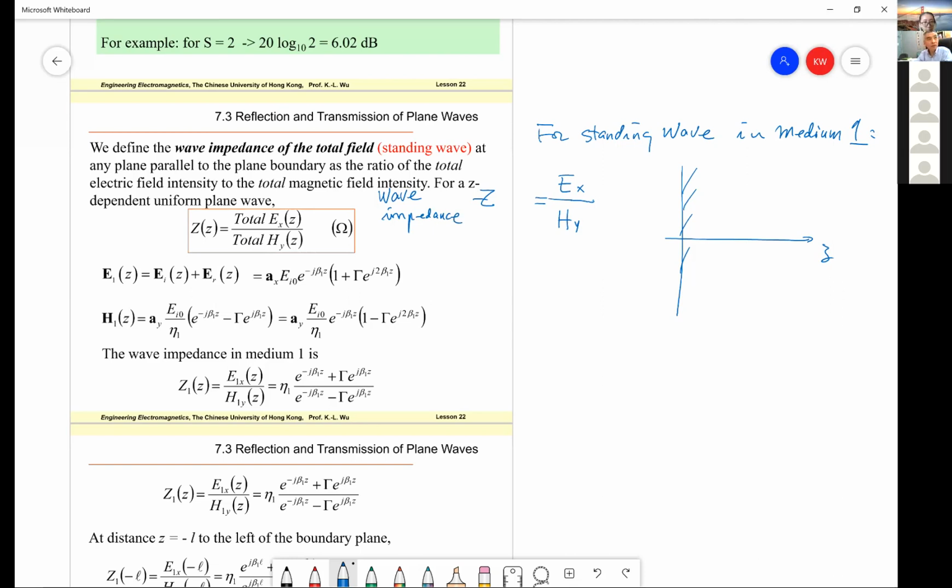This wave impedance is different from intrinsic wave impedance. Intrinsic wave impedance is for a traveling wave. Wave impedance is for a standing wave.